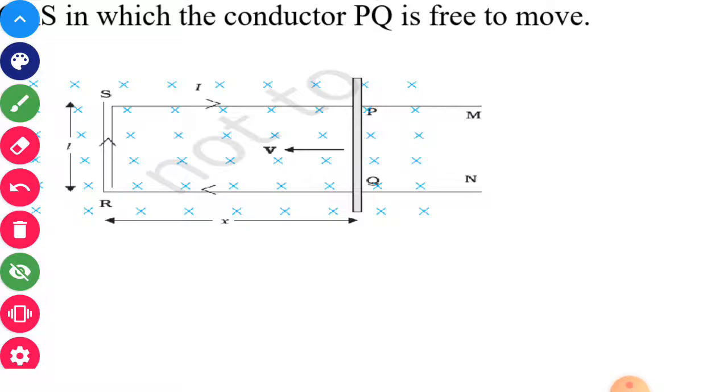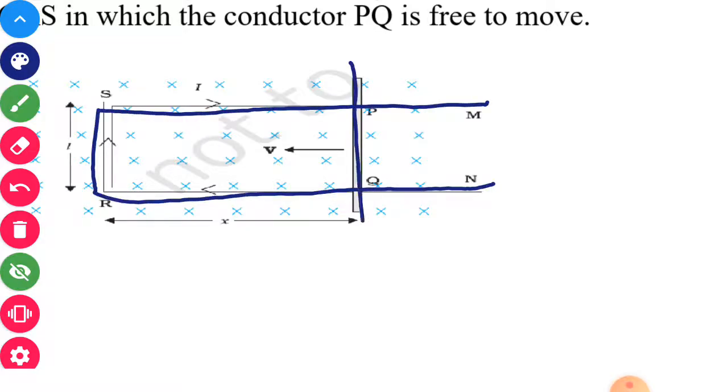If you have this U-shaped conducting frame, then on it one rod is kept, which has a certain length, say L is the length of this rod, and it can move on this U-shaped conducting frame.